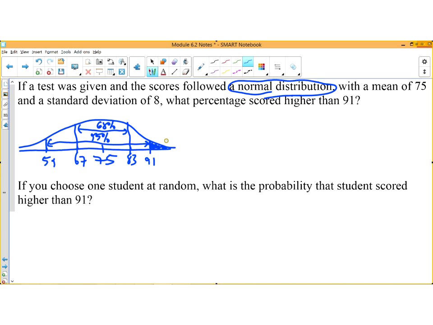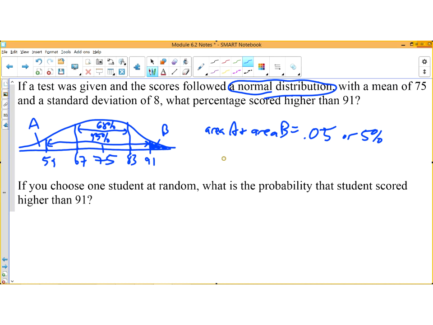If there's 95% in the middle, that leaves 5% in the left tail and right tail combined. If I call this area A and this area B, then area A plus area B equals 0.05, or 5%.